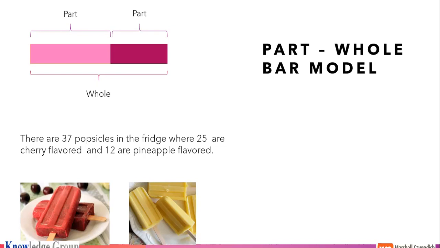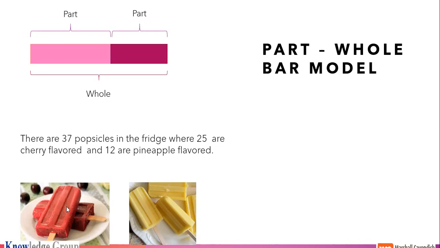We have cherry and pineapple. There are 25 cherry flavored and 12 pineapple flavored. So this 37 is divided in two parts because I have two flavors, and each part has a number.